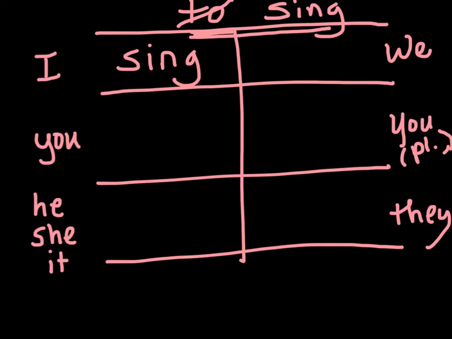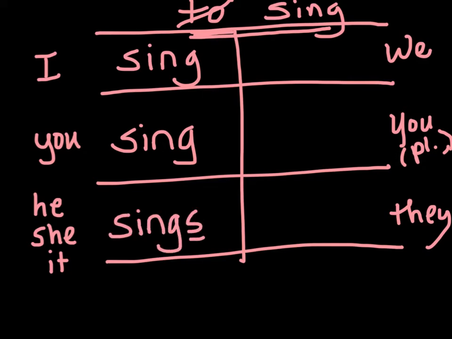For you, I would say you sing. For he, she, or it, I would say he sings, or she sings, or it sings. So I add an S. So that's what I mean when I say I'm conjugating the verb. I'm making it fit with who's doing the singing.